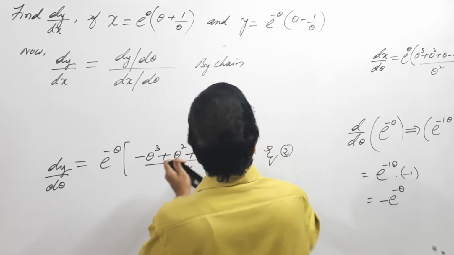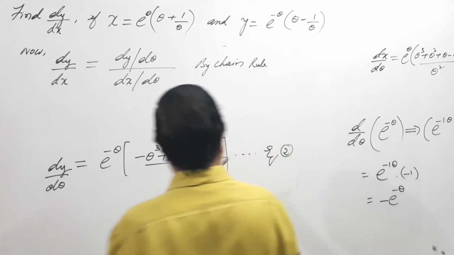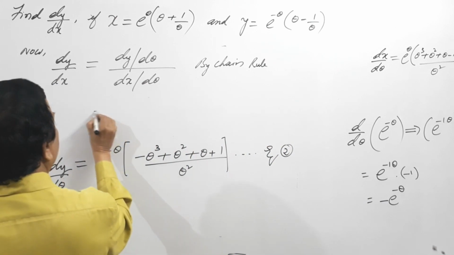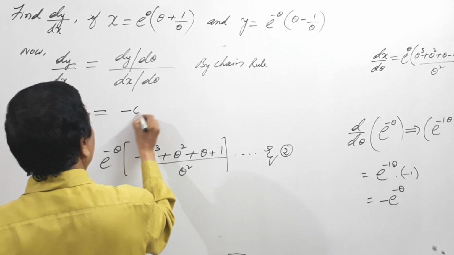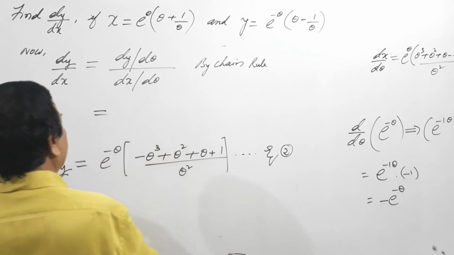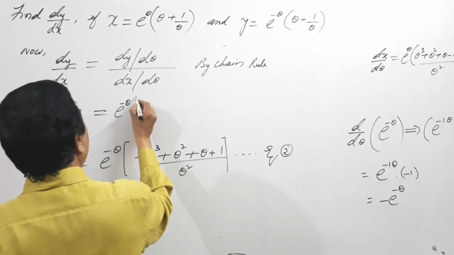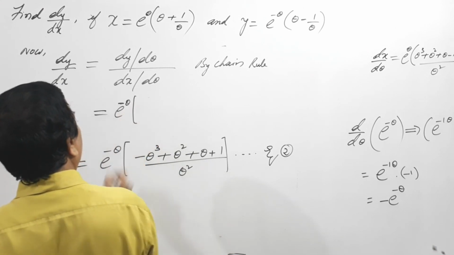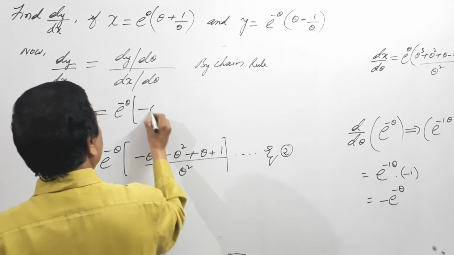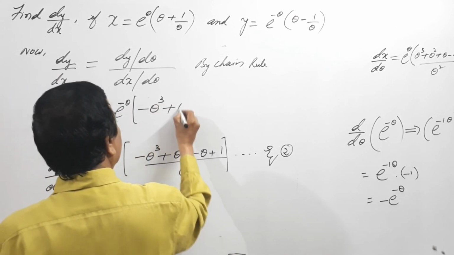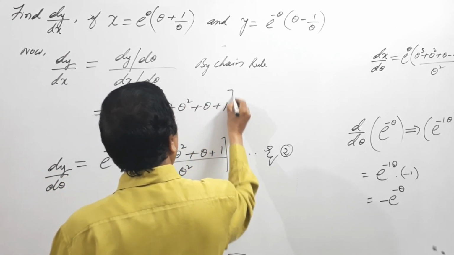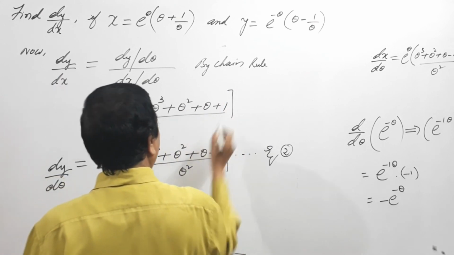So now first I will write dy by dx, that is equals to minus e to the power of minus theta into minus theta cube plus theta square plus theta plus 1 by theta square.